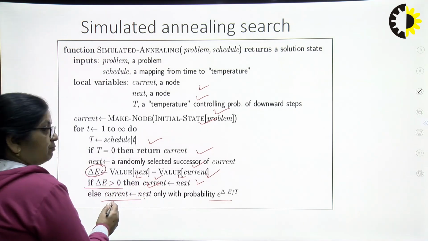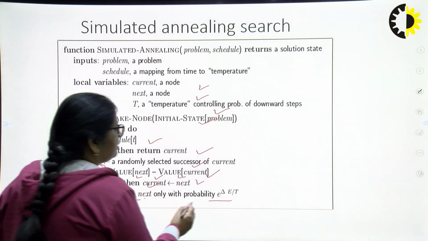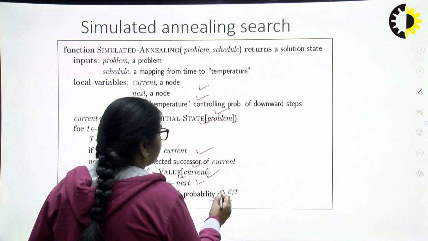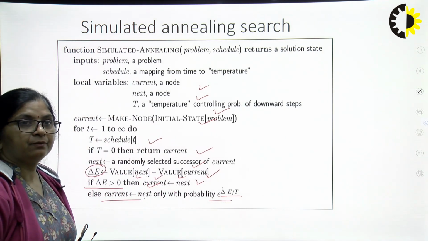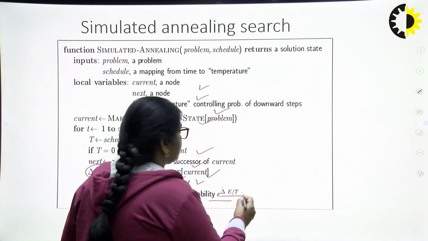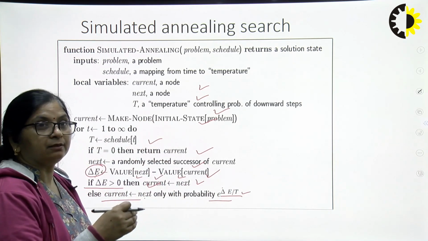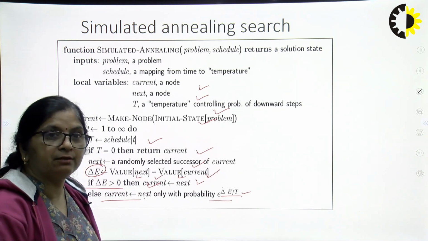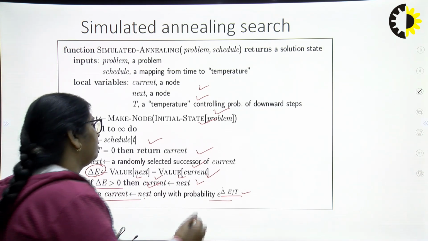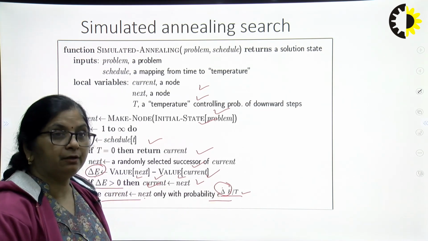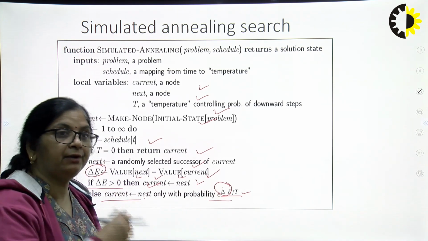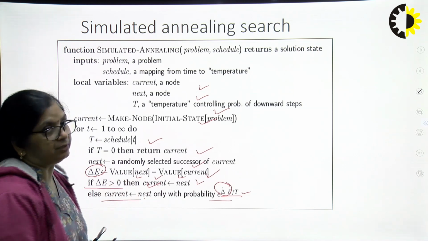The next state may be considered, but with the probability e to the power delta E by T. So what does it mean? With time, the probability will go on decreasing. And the exponential component is delta E, which depends upon how bad the move is.